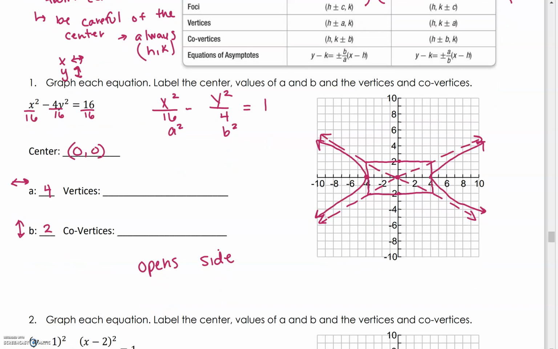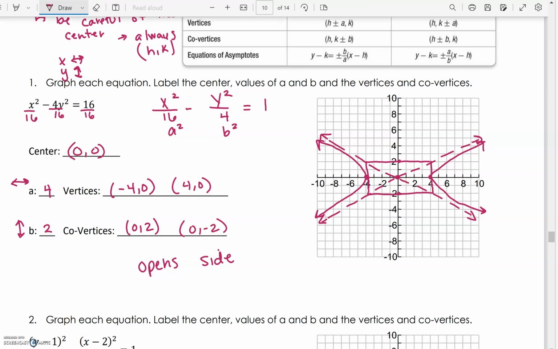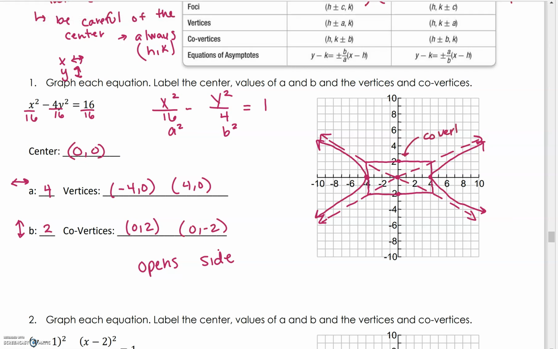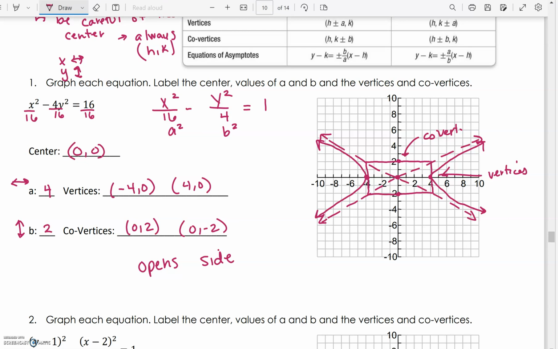Oh, we do need to label our vertices that we put our dots at, which was -4, 0 and +4, 0. So right here and right here. And then our co-vertices up above there are 0, 2, and 0, negative 2, here and here. So co-vertices and vertices. There we go.